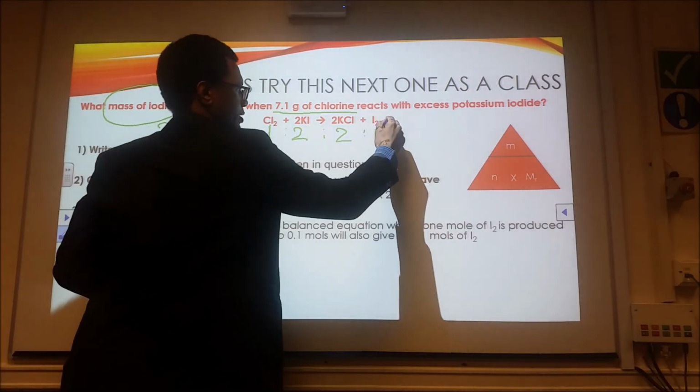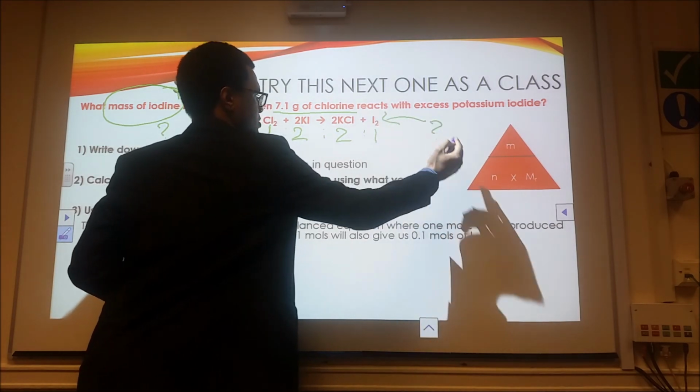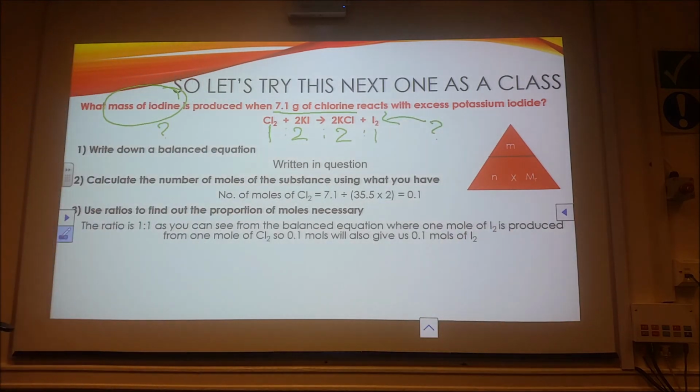If we've calculated chlorine as 0.1 moles, we can see that for every 1 mole of chlorine, it will give us 1 mole of iodine. So 0.1 mole of chlorine will also give us 0.1 moles of iodine.